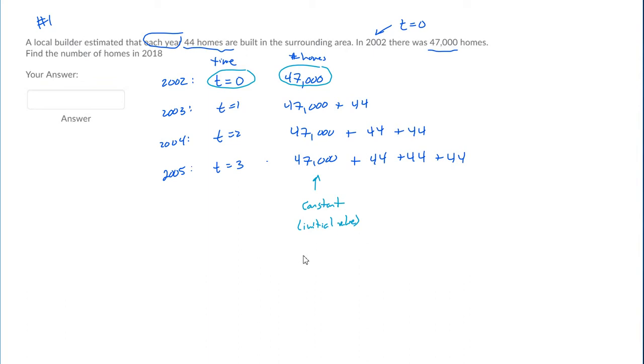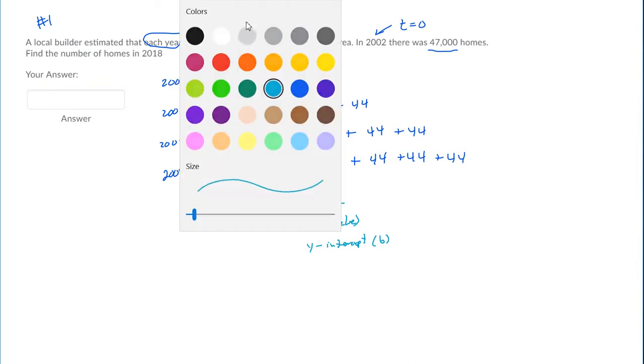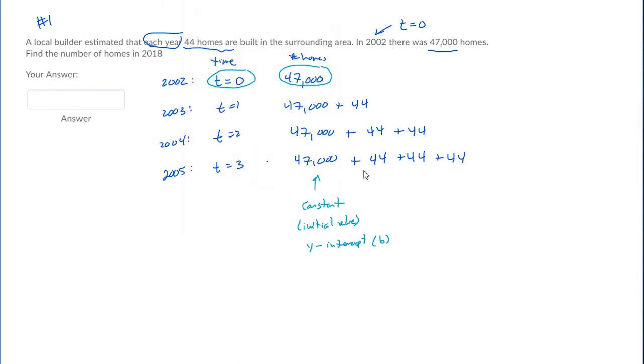It's also called the y-intercept if you graph the equation, or the b term. Now, we're then adding the same number over and over again. When we add the same number over and over again, we can do that more efficiently by just multiplying. So I can call this 44 times 3.